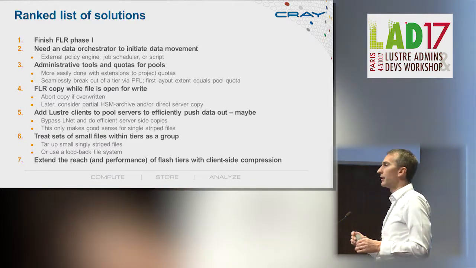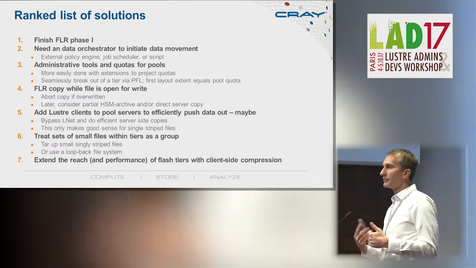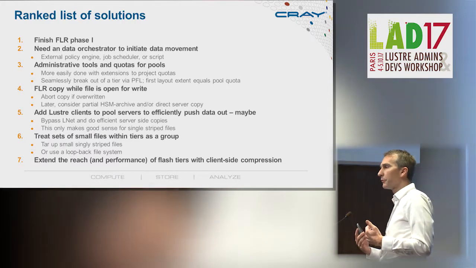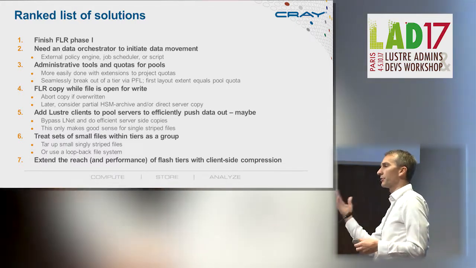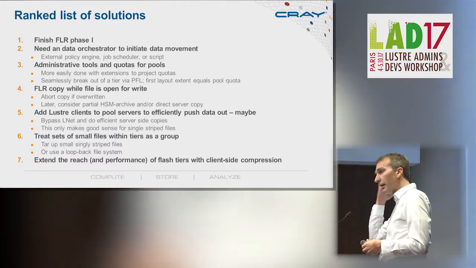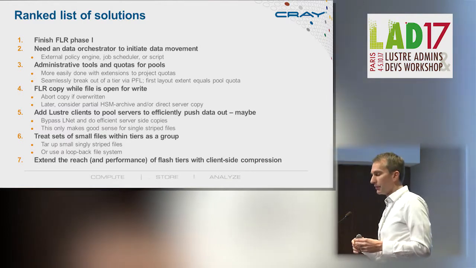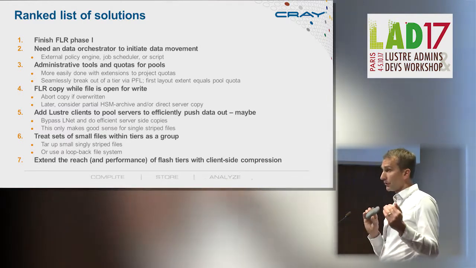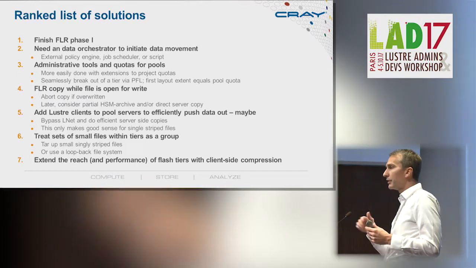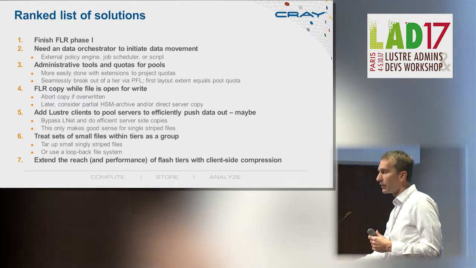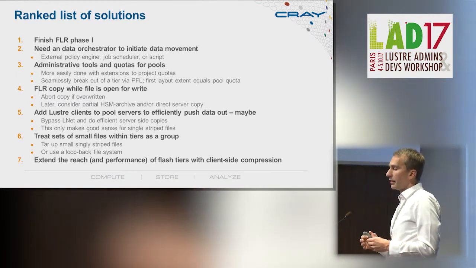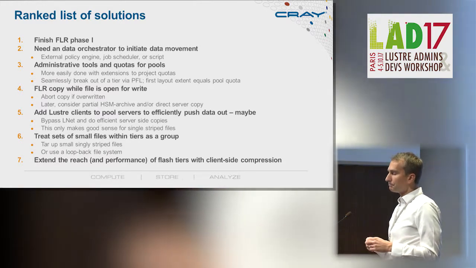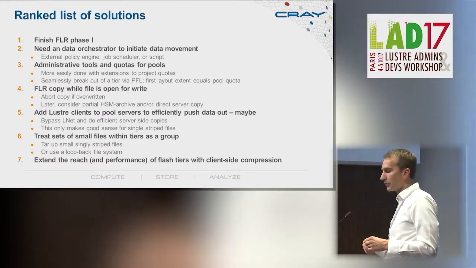Also, I haven't really delved into how we would do those copies, but we would probably do those copies from a Lustre client, right? And if that Lustre client was on the server, it would need to get access to that data, and we'd want to be able to efficiently get that out.